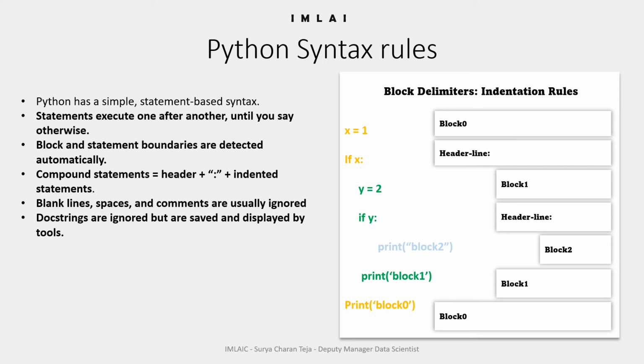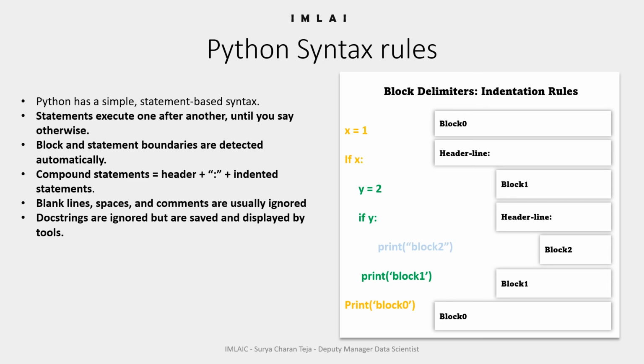You can clearly observe that from our block delimiters indentation rules diagram or infographic. Now, the block ends when the end of the file or a lesser indented line is encountered.